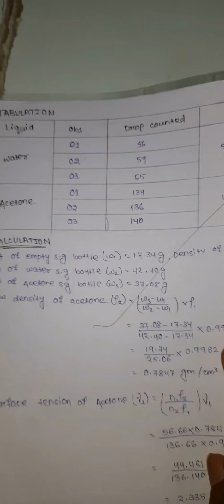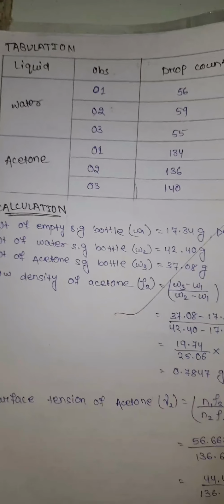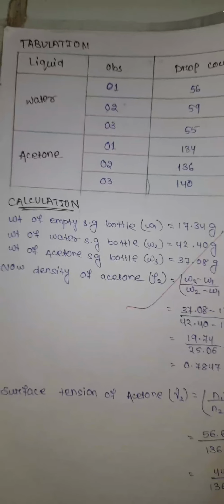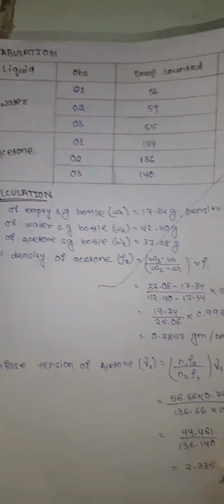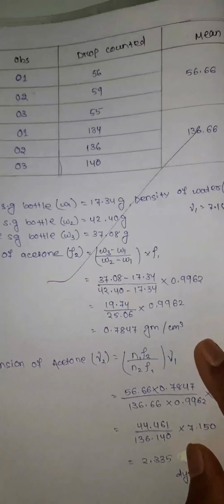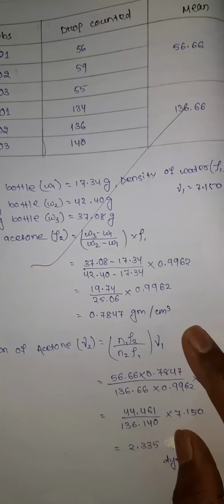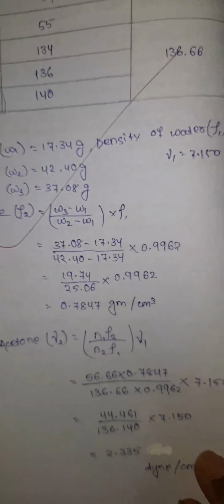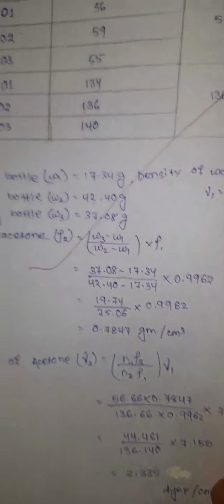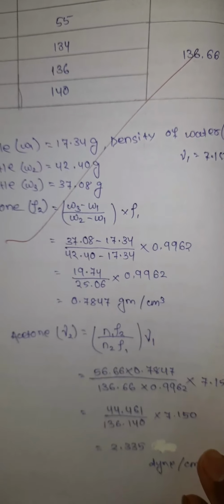Weight of the empty SG bottle was taken, that is W1, weight of water, that is W2, weight of acetone, that is W3. Then the density of acetone, ρ2, was determined by following this calculation, that is W3 minus W1 by W2 minus W1 into ρ1.